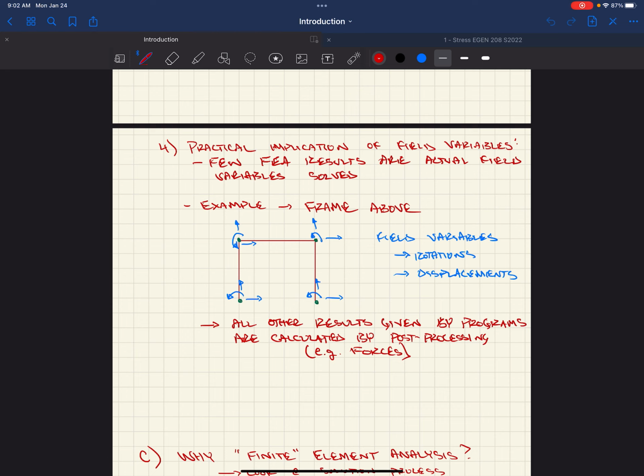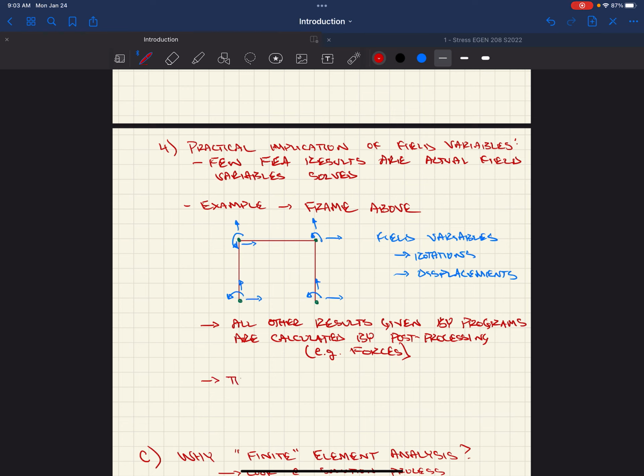A lot of what we as structural engineers are interested in are other things like forces, moments and shears. Those are derived from our field variables. All other results given by programs that are not the field variable are based on those field variables.